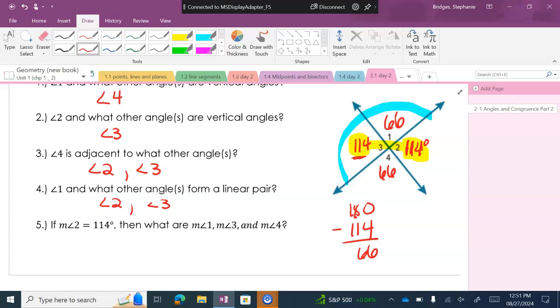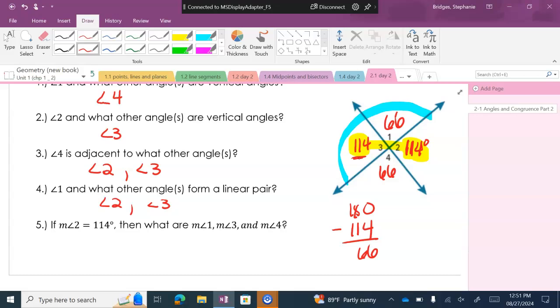So I'm going to take that 35. 2 times 35 is 70. 70 plus 25 is going to give me 95. And so then, now that I know that angle, I can figure out what y is, because these two are going to add up to equal how much? 180, right? 95 plus y equals 180 because they are a linear pair.